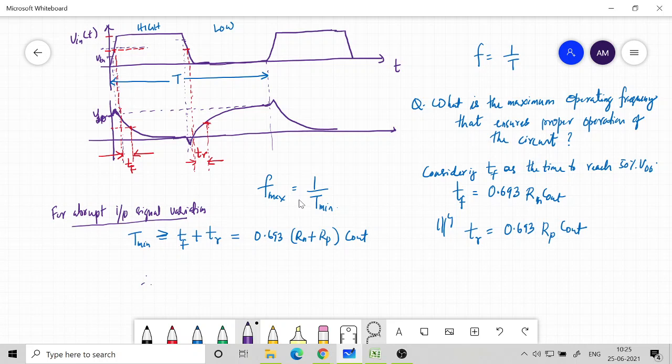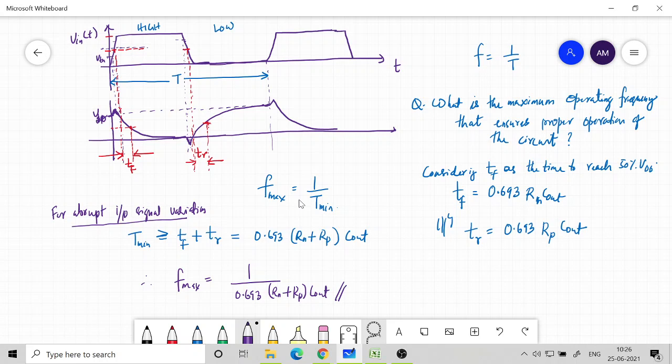Therefore F max is basically 1 by this. Whatever the value, you will get it as the maximum.